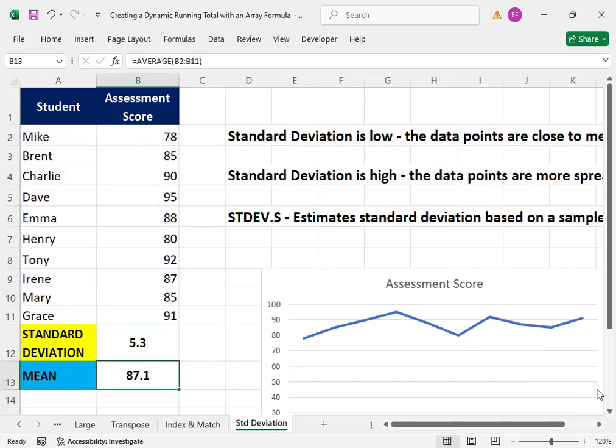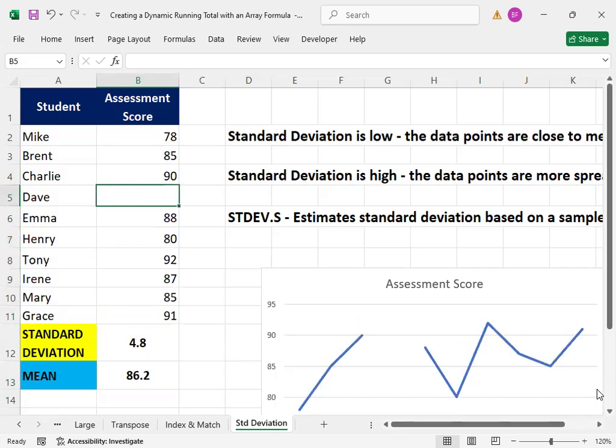So the mean is 87.1. So by 5.3 points from the mean. So if we remove one extreme value, for example, this 95 score, showing less variability, therefore the standard deviation will decrease.